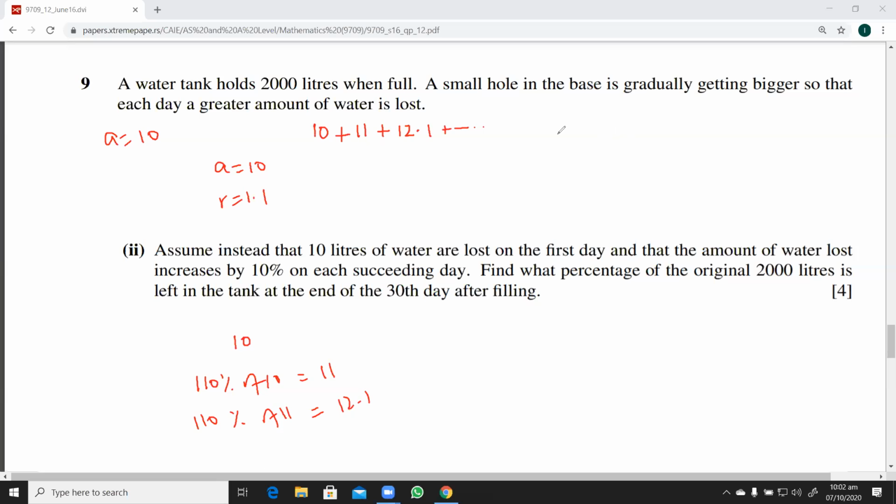So let's find S30. Please discuss this with me if you don't understand. S30 would be a into r to the power n minus 1 over r minus 1. This is 10 into 1.1 raised to power 30 minus 1 over 1.1 minus 1. Tell me what is this value?